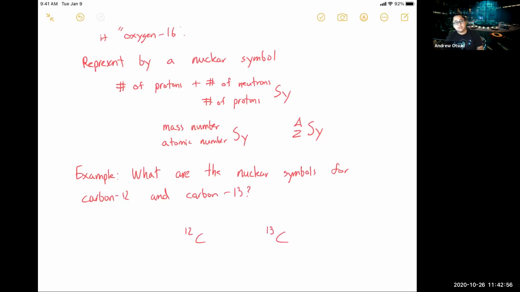So now we just need the proton or atomic number. Let's go to our periodic table.